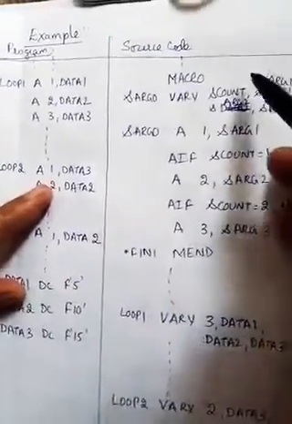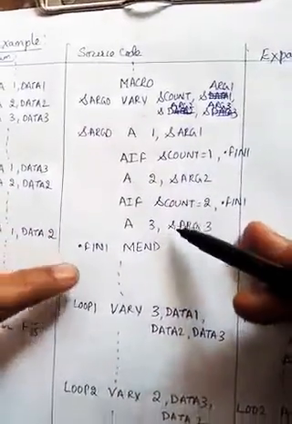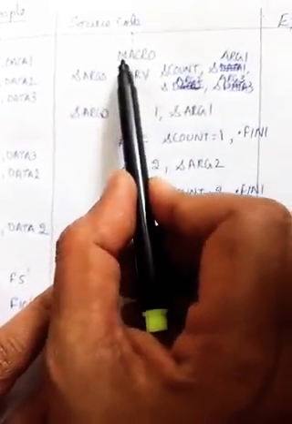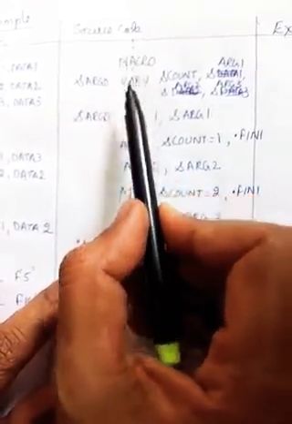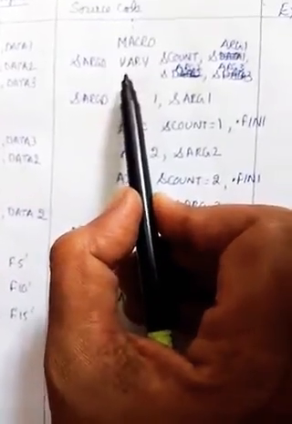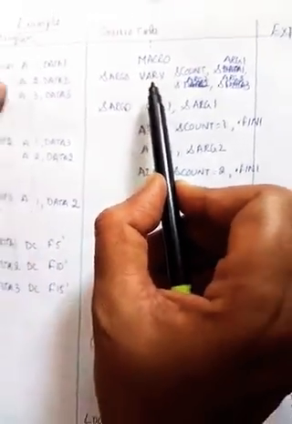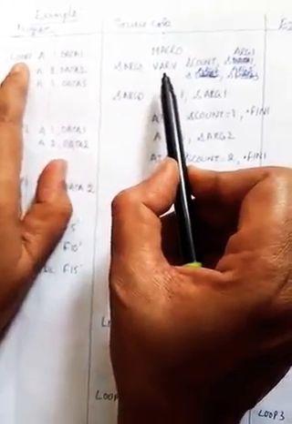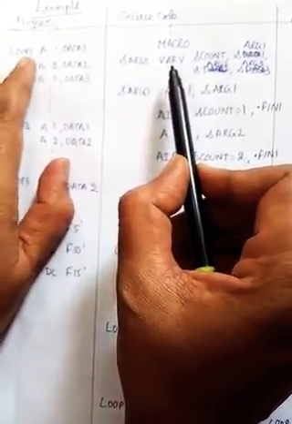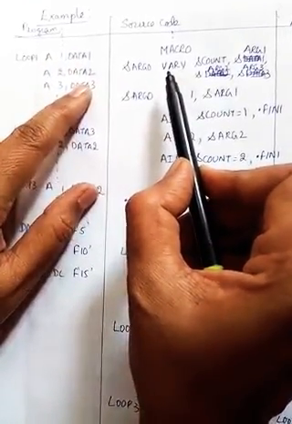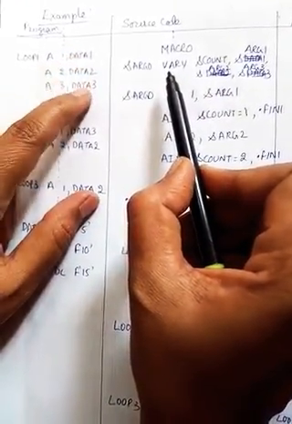Here is the macro definition I have written. It starts with the MACRO pseudo-op, then the name line. I have given the name VARY, and when you observe here, you have four variables. Loop1 is the label, and these three are the variables present in the operand fields.